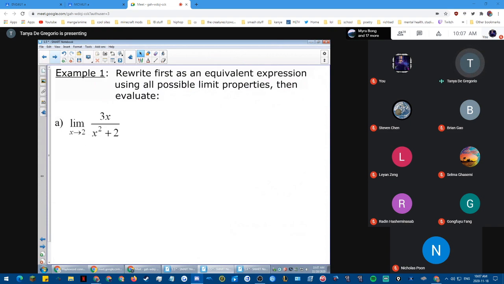Really, for you guys, you don't need them. The reason I say that is because the properties are used when you're proving. When you have to do a proof, you need those properties to help you prove something. But you guys are just evaluating limits, so you don't really need that.